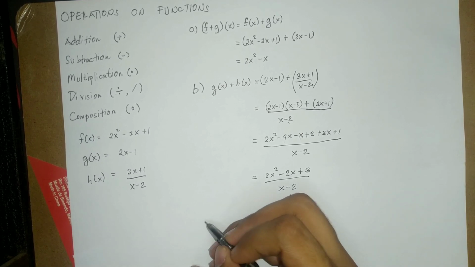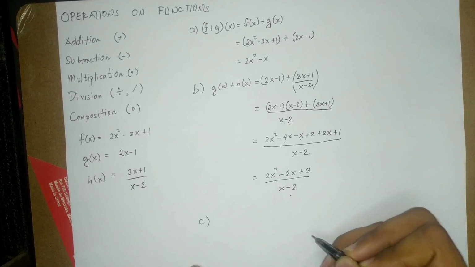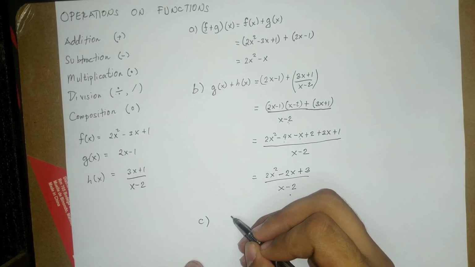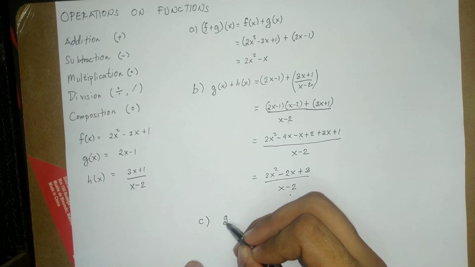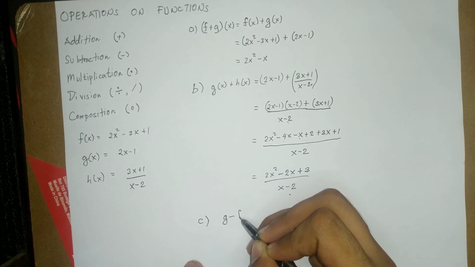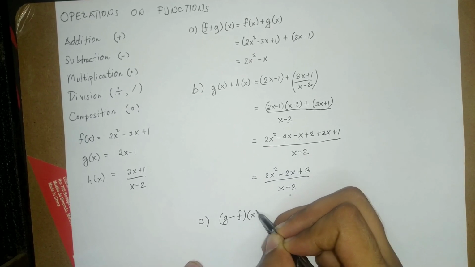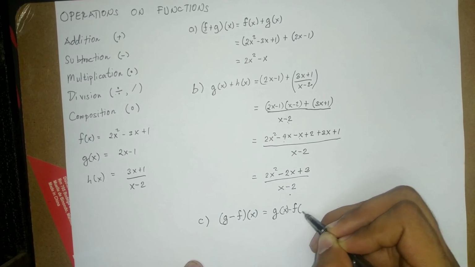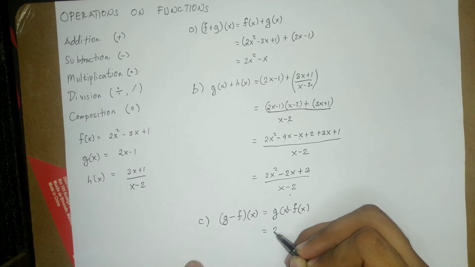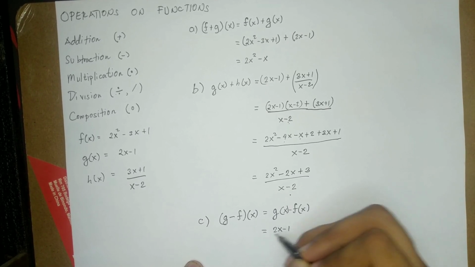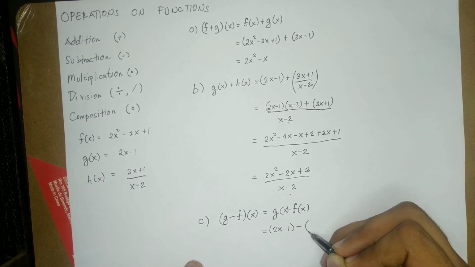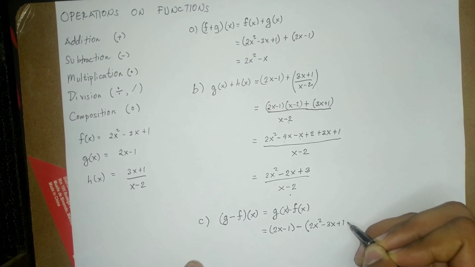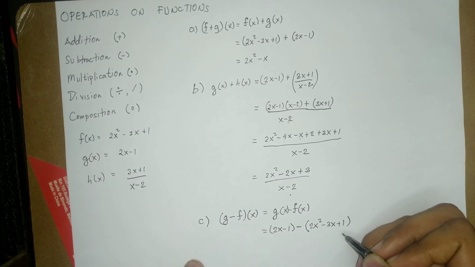Okay, let's proceed with subtraction. So, let's say we have g of x minus f of x. So that gives us 2x minus 1 minus 2x squared minus 3x plus 1. Alright.